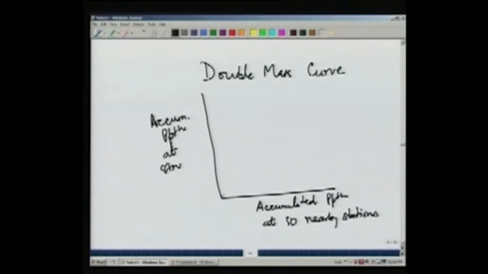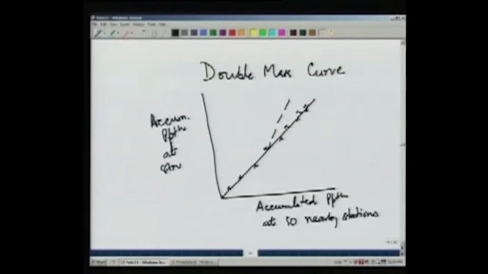And if the data is consistent, typically it would follow a straight line with minor variations. But if there is some change in the characteristics of the catchment or the gauge has been shifted, there is some inconsistency, then we would see that the data does not follow a single straight line and it may deviate from that position.